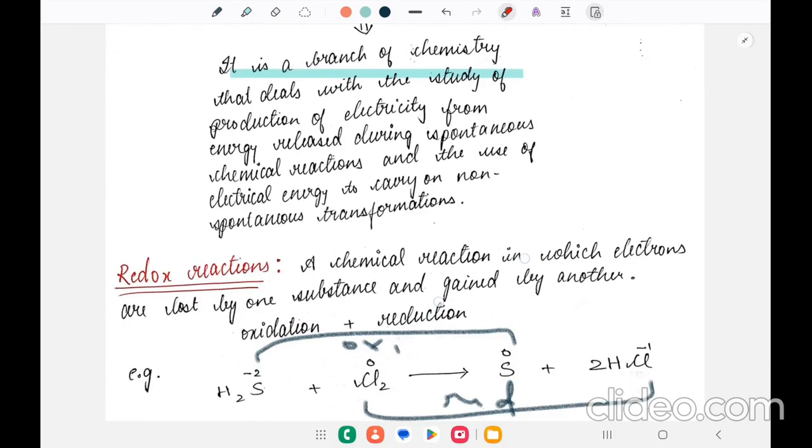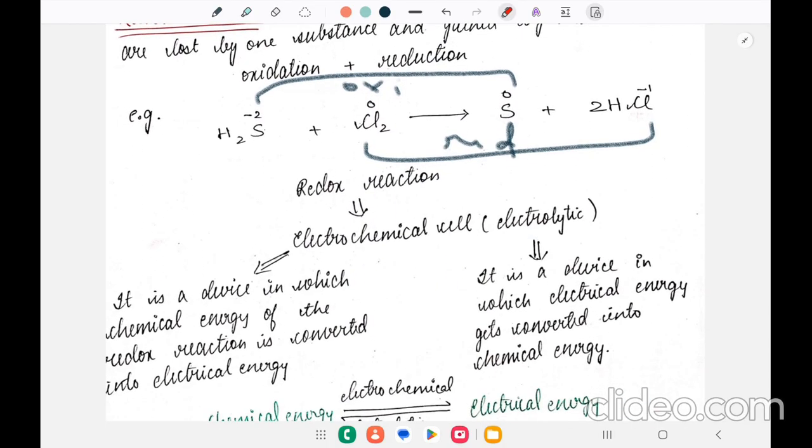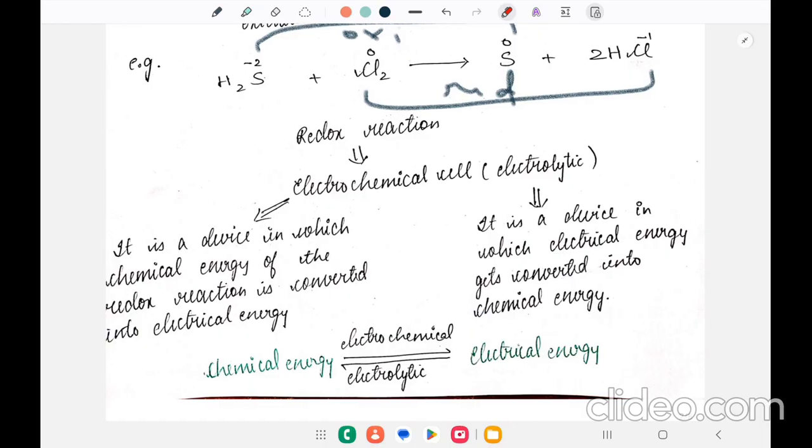So now let us understand what is an electrochemical cell. It is a device in which the chemical energy of redox reactions is converted into electrical energy, and an electrolytic cell is a device in which electrical energy is converted into chemical energy. So they function vice versa.